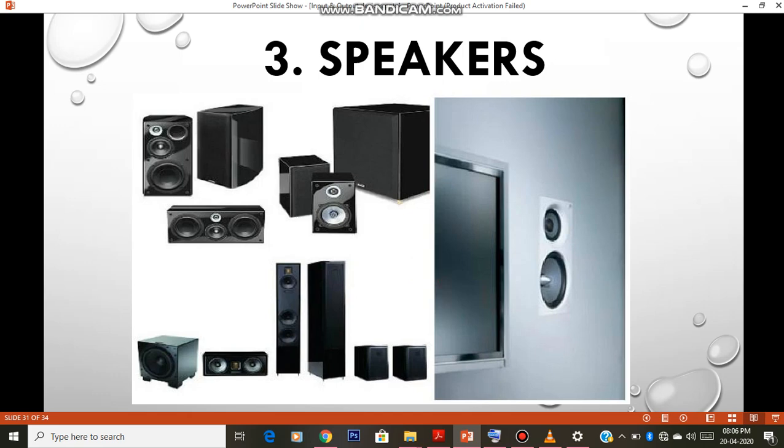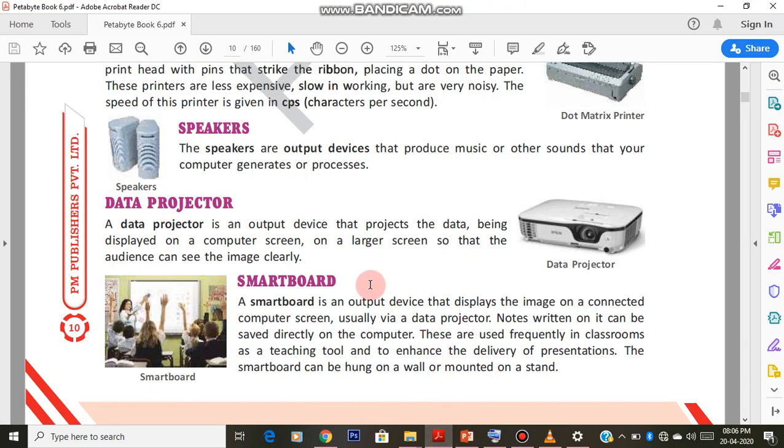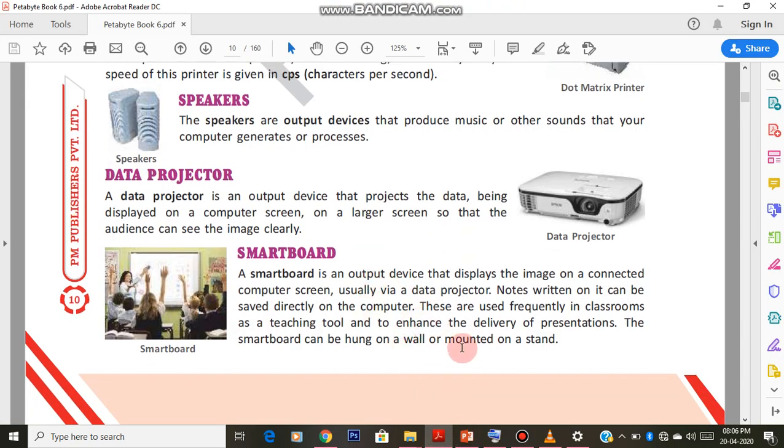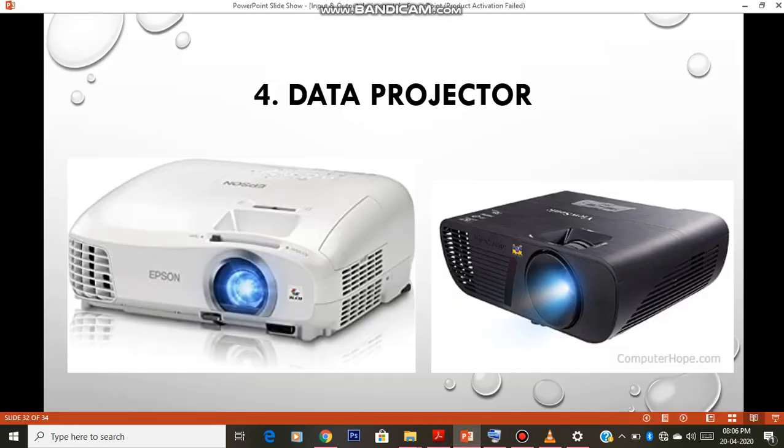Okay, so next output device is data projector. Projector you have seen in our school, right? For smart boards, and even in the computer lab you have, there will be a light coming from the projector. Whatever you show using your computer, that will be displayed using the projector.